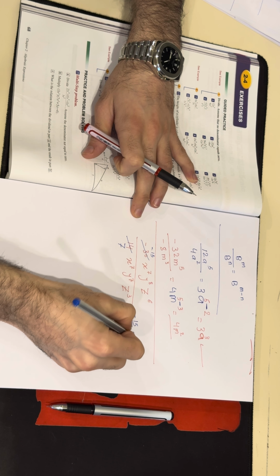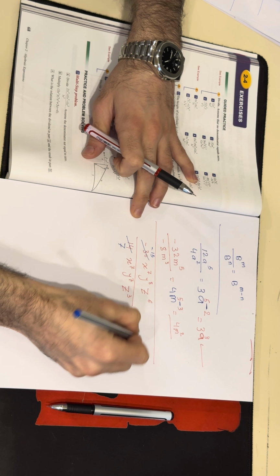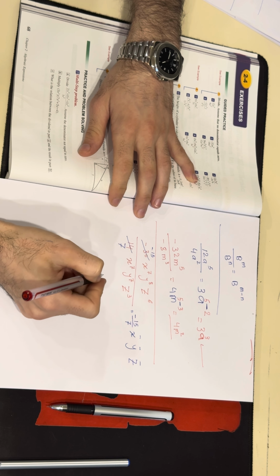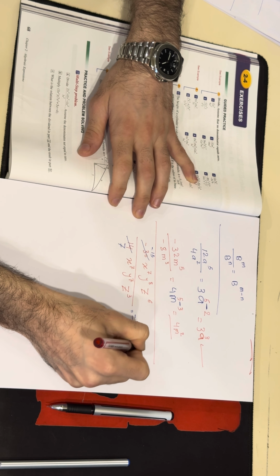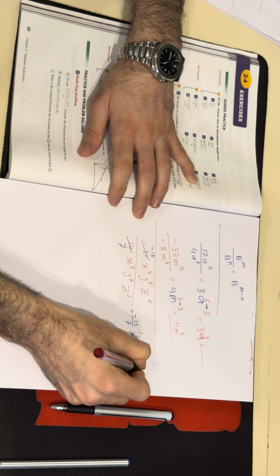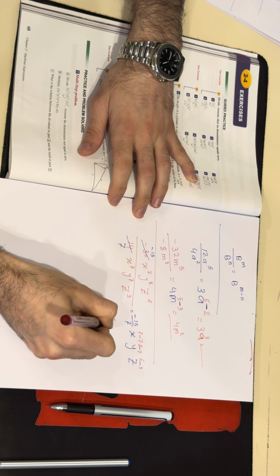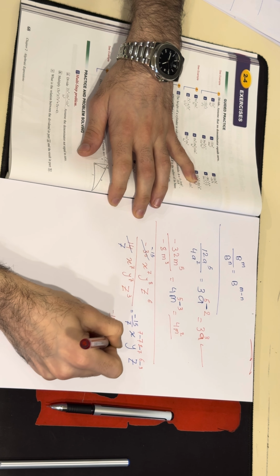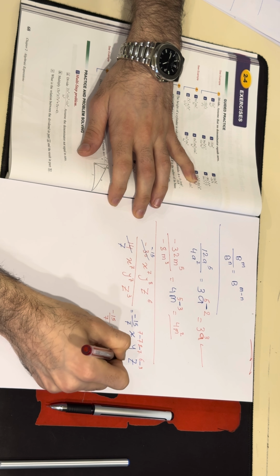Then I write x, y, then z. I subtract all of them because in division we subtract the power: 7 minus 7, then 8 minus 7, then 6 minus 3. So the answer will be negative 15 over 7 x power 0 y power 1 z power 3.